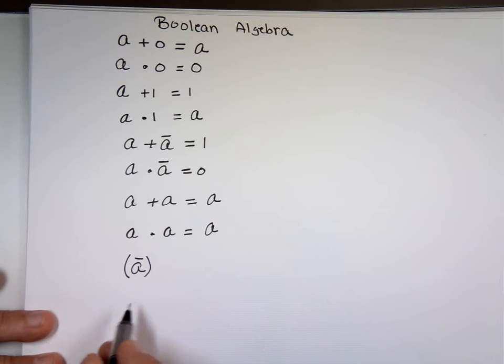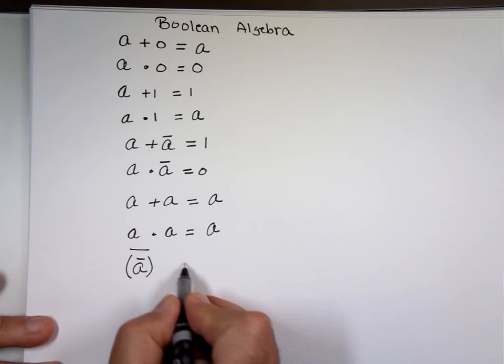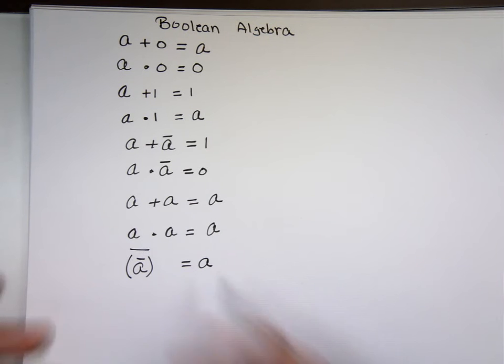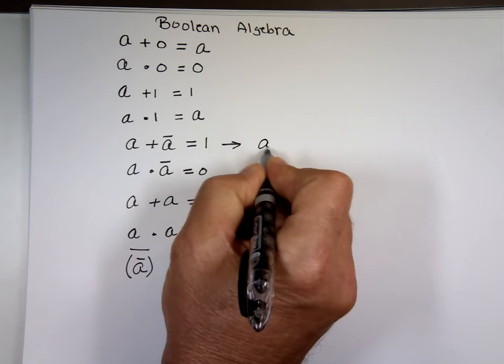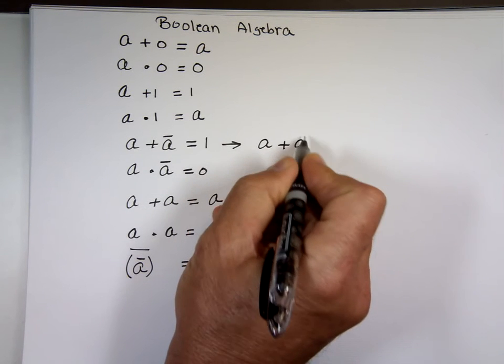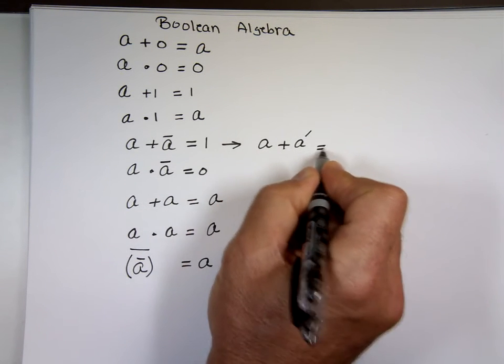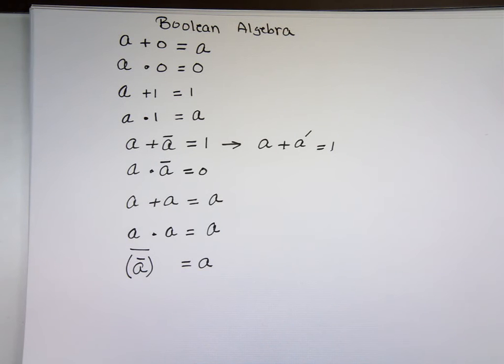If you take A, NOT it, and NOT it again, a double complement will do nothing. By the way, it's hard to write the NOT bar over them in our book, so they write them like this. They use a prime for NOT, because it's easier to type on the computer.